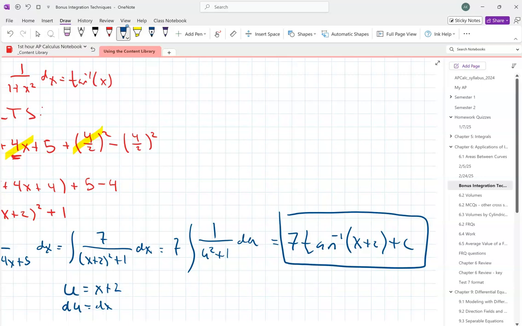So again, the trick there is using the completing the square to get things to work out.